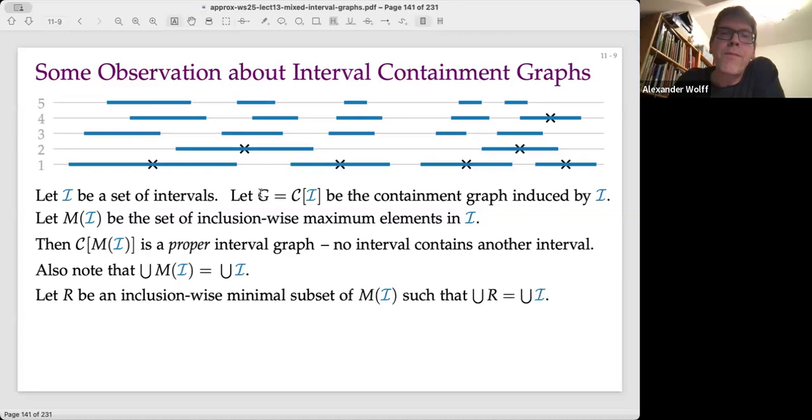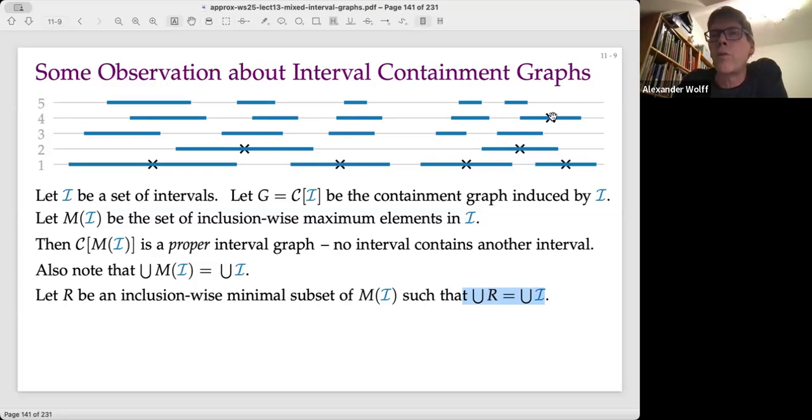And now we look at a subset of the set of maximal elements that is just big enough to also cover all intervals. So in my example up here, I could get rid of this interval up here.